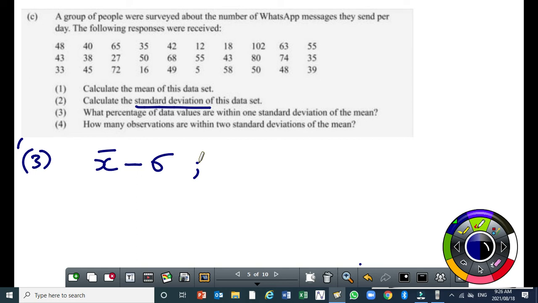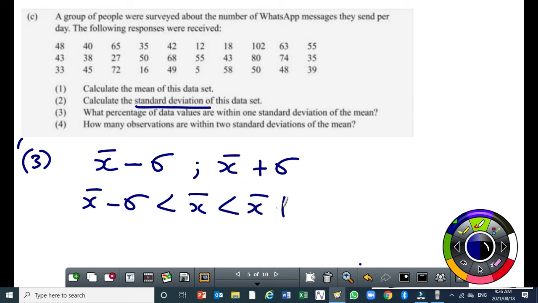So x bar minus sigma refers to the values that are less than the mean. Those that are greater than the mean will be x bar plus sigma. We can write this using inequality: x bar minus sigma is less than x bar, because the mean is our reference, which is less than x bar plus sigma.